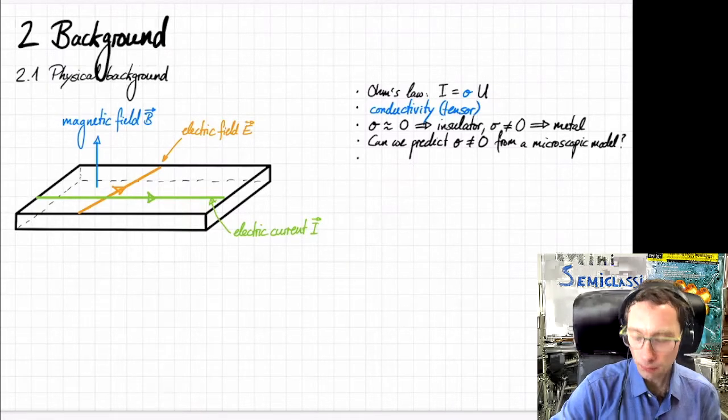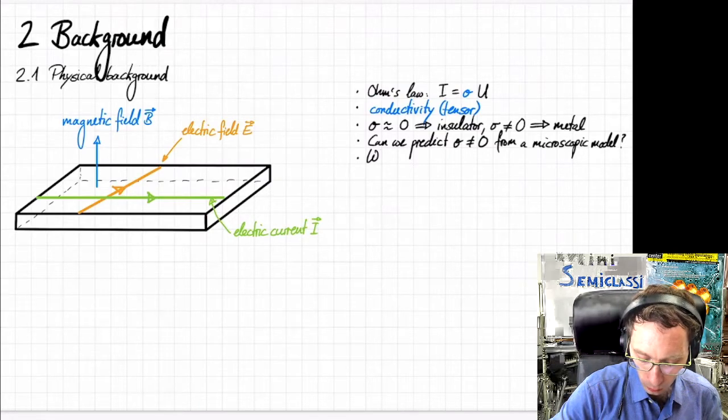And secondly, when exactly is Ohm's law valid?